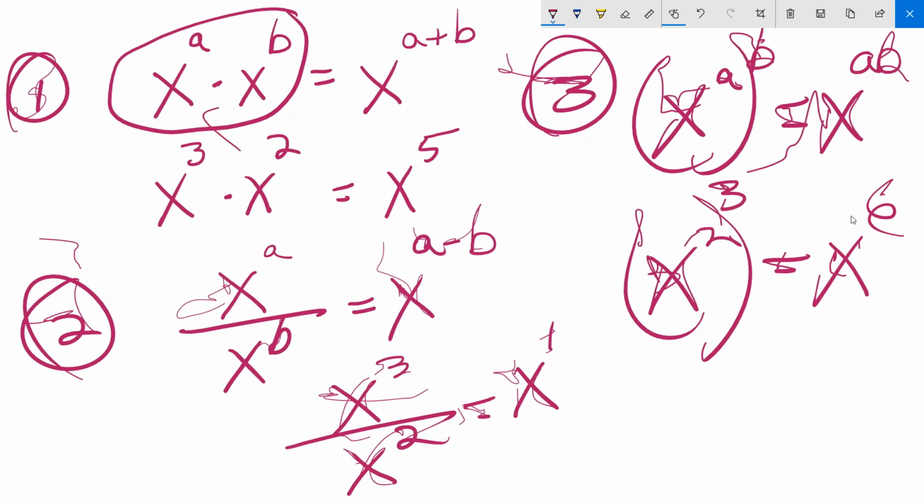Notice the first rule. Multiplication, same base, I'm adding the exponent. Second rule. Division, same base, I'm subtracting the exponent. Third rule. Same base, exponentiation taking place, I'm going to multiply the exponent.